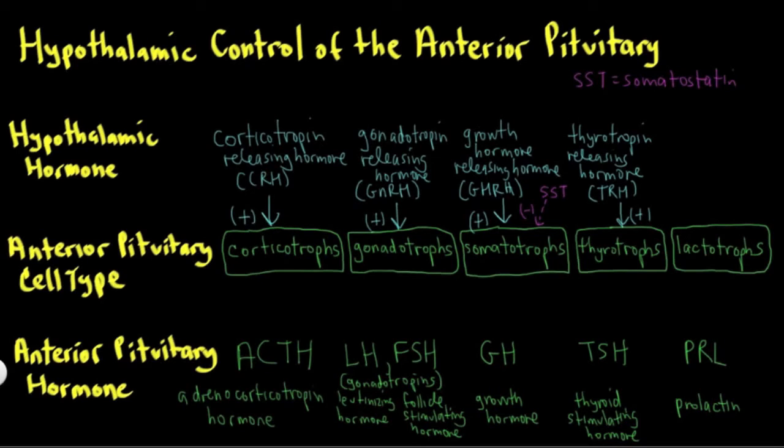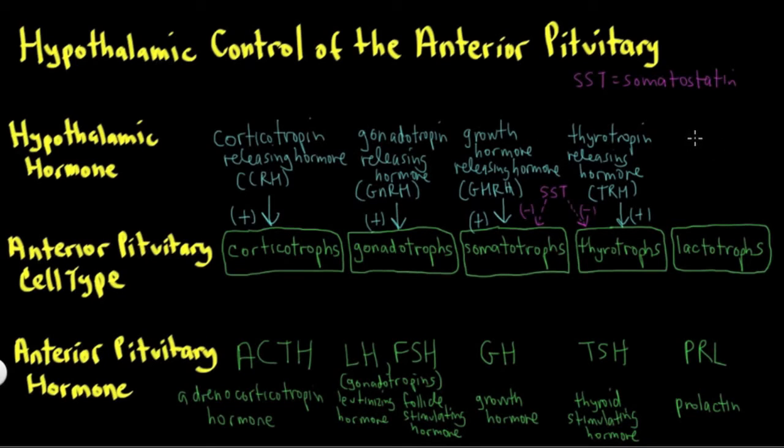And just point out that somatostatin can have a mild effect there as well, but it's not dominant. So still, the dominant control of these four cell types is releasing, with a little bit of a mild effect of an inhibitor, somatostatin.